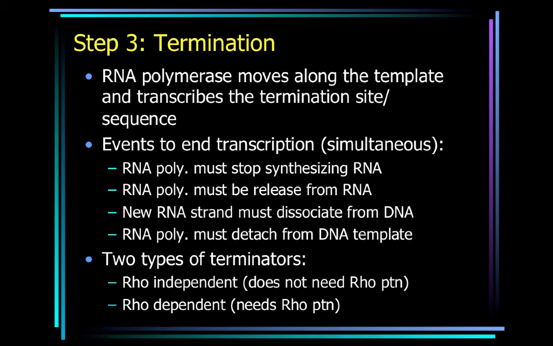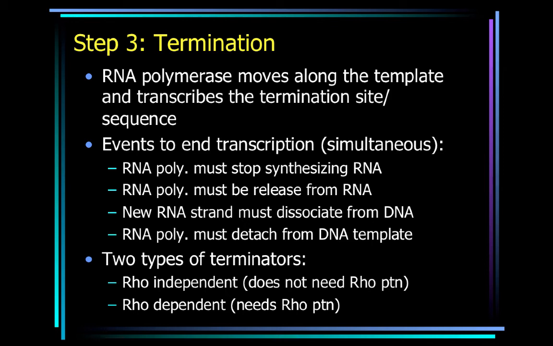There are two types of terminators in our prokaryotic systems, and those are going to be the Rho-independent and Rho-dependent termination systems. Rho-independent is where the gene does not need the Rho protein to actually terminate or carry out its function.